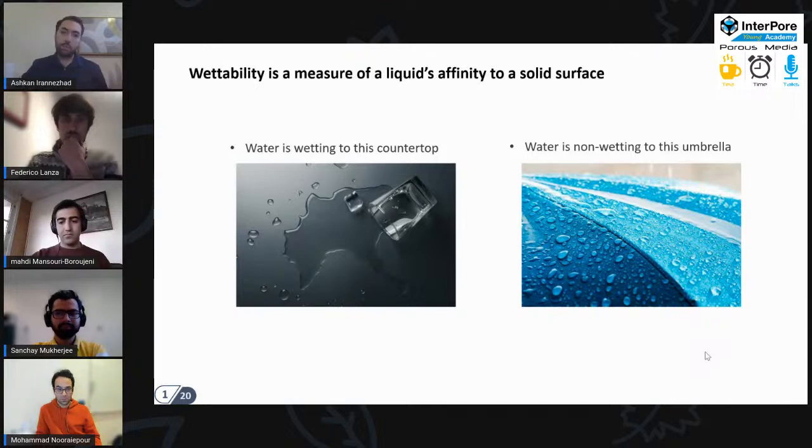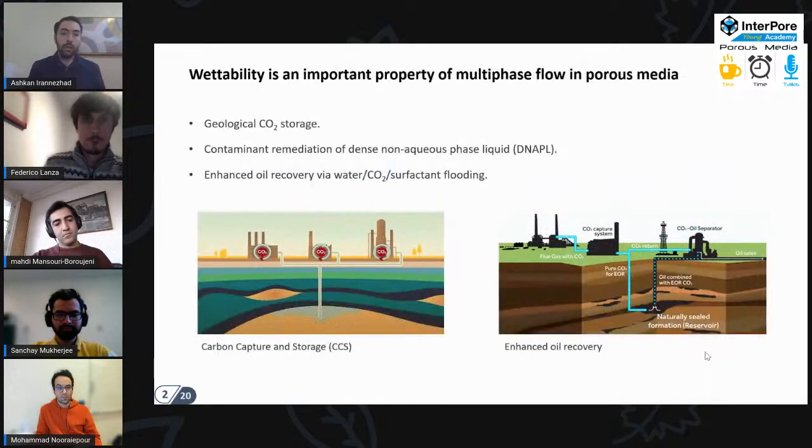So you know that wettability is a measure of a liquid's affinity to a solid surface. For example, in the picture on the left, water is wetting to this countertop, so it forms a film on it. But in the picture on the right, water is non-wetting to this umbrella and it beads up. Wettability is important in a wide range of applications, from geological carbon dioxide storage to contaminant remediation to enhanced oil recovery.